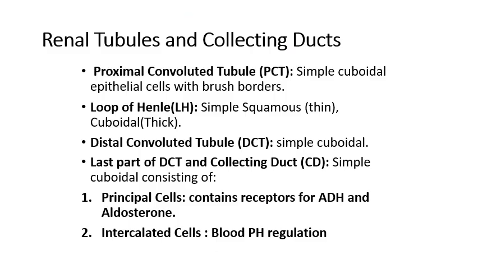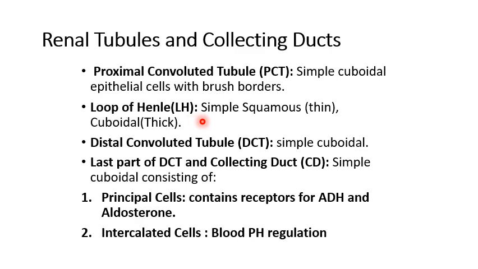Renal tubules histology, as well as the collecting ducts, are composed of specialized epithelial cells of different characteristics. And you will see in the coming lectures that this actually matches the function that takes place in each of these segments. For example, the proximal convoluted tubules are simple cuboidal with brush borders.